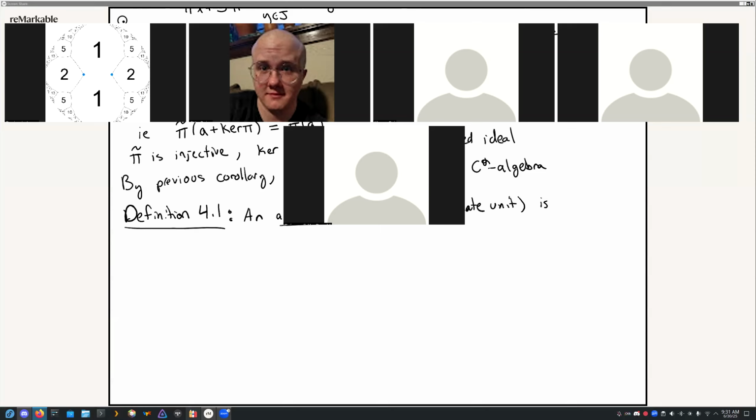So it's, say, in a C-star algebra, call it A, a net. Remember, a net is kind of like a sequence, except your elements are indexed by some directed set.